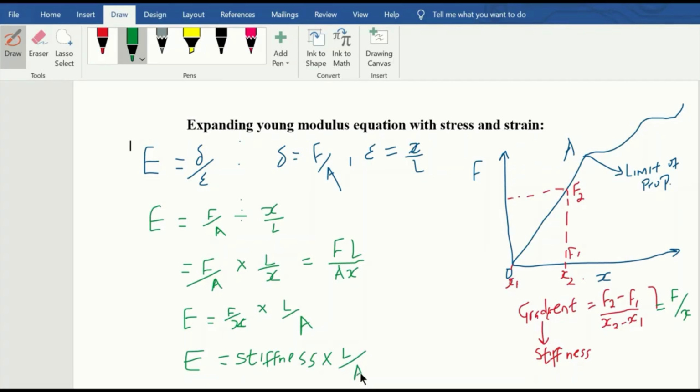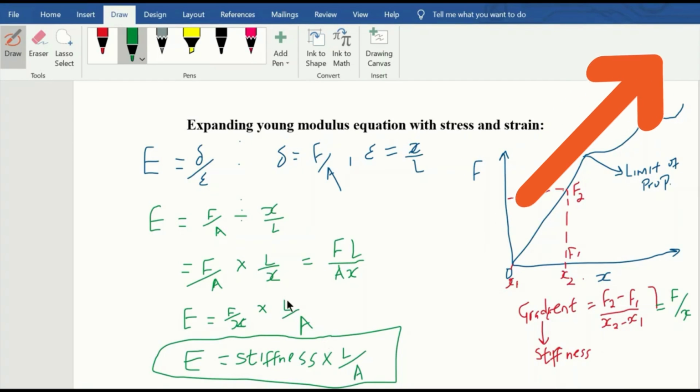Here is a formula we can use to solve for the modulus of a material. Sometimes you'll be given a table of values for force and extension, and you'll be asked to find the modulus of elasticity of the material. The first thing we do is draw a graph and find the stiffness of the graph. Then we can solve that question. Let's look at two examples of how we can apply these concepts.